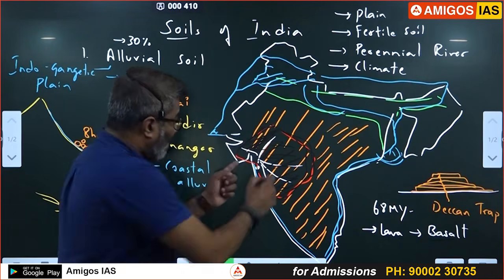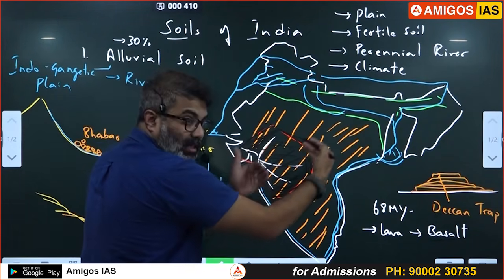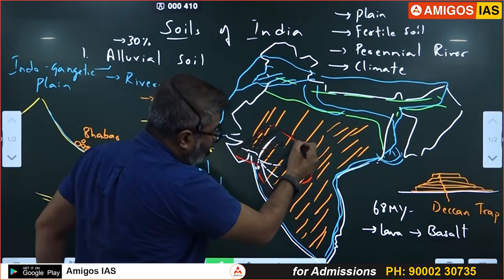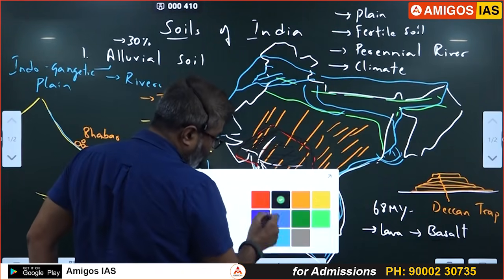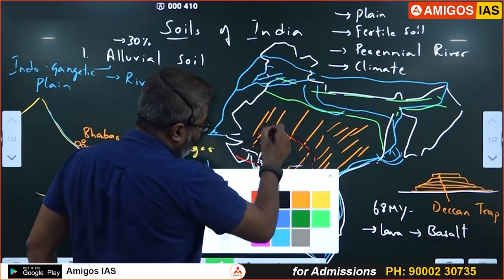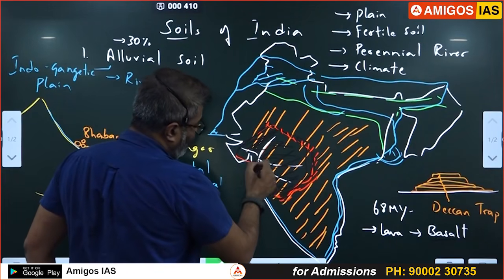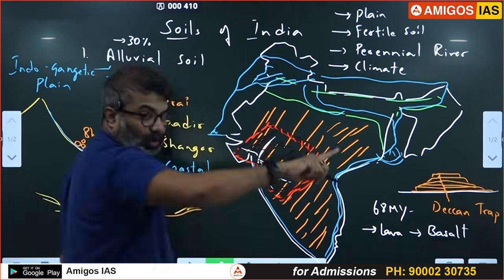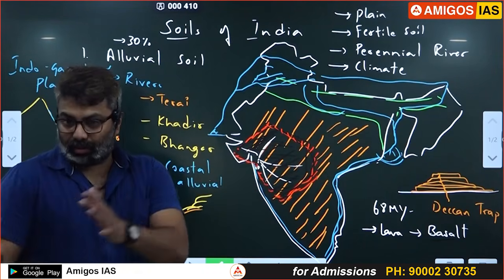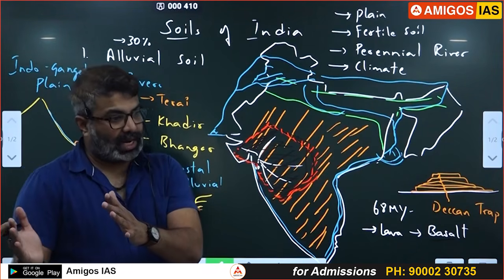So that is the reason on the edge we get mixed red and black, where there is black and red mixing. You notice this mixed red and black given in your atlas. Here on the edges you see mixed red and black. If you travel across Telangana, southern part and eastern part of Telangana is red soil.